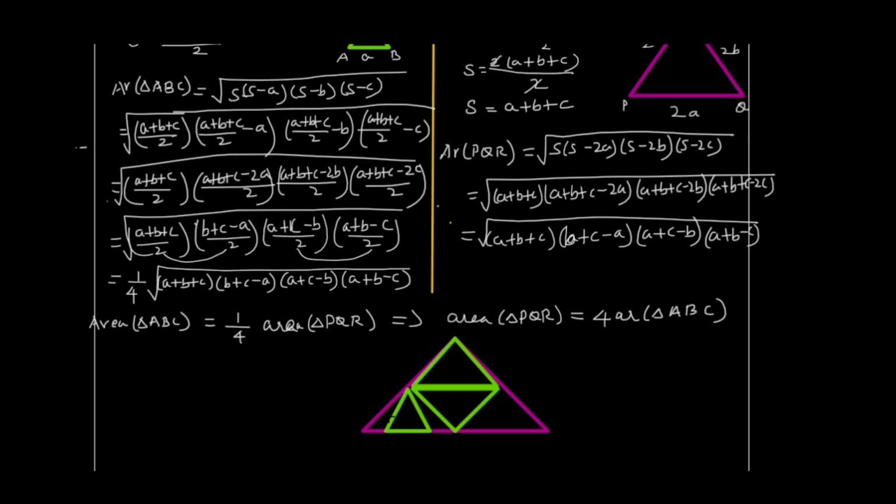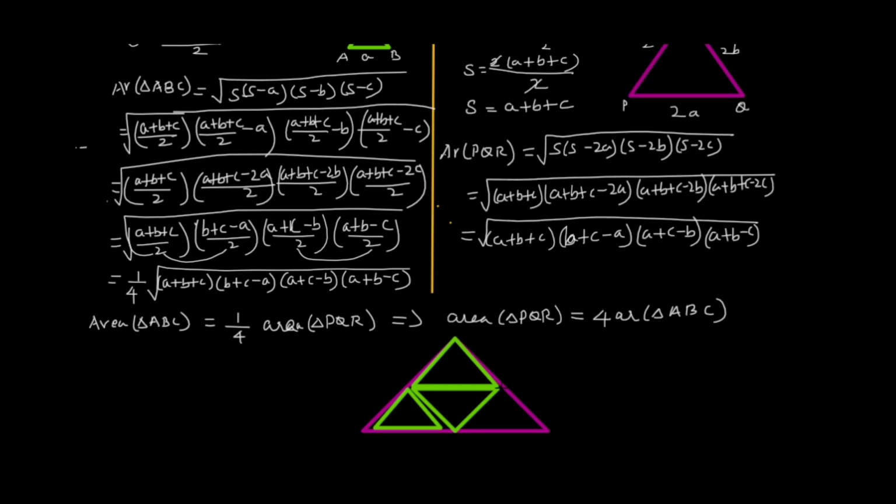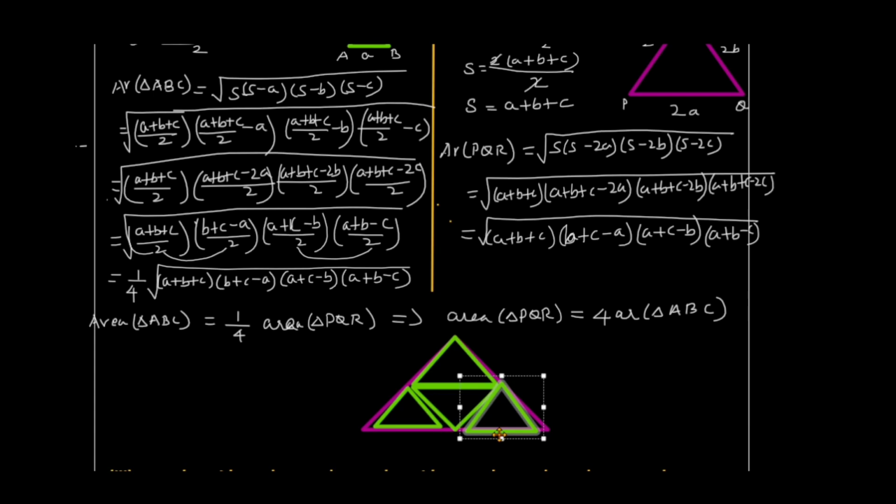We can fit the third triangle here. Then the fourth triangle. So if the sides of the triangle are ABC, then four triangles can fit into the triangle of sides 2A, 2B, 2C.